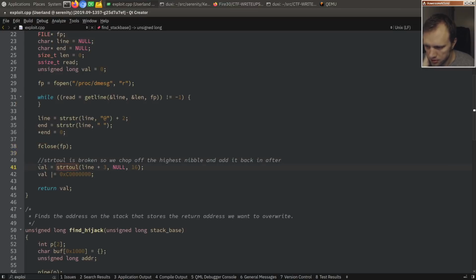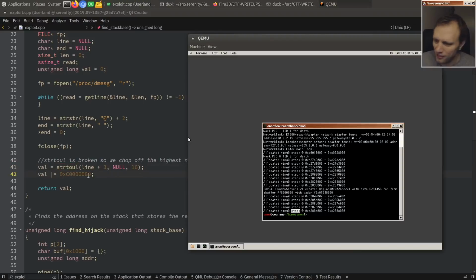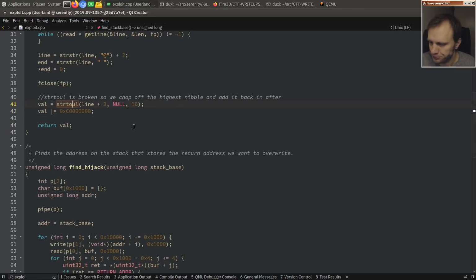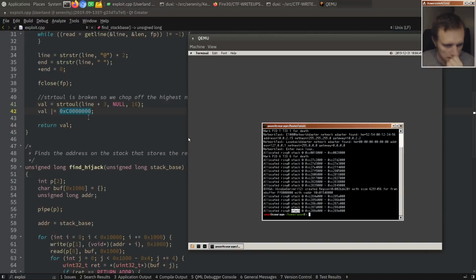And then apparently strtoul is broken. So I wonder if that was maybe the strongest mitigation in place here. But he works around some bug we have in strtoul, and eventually figures out, okay, so this is the address.